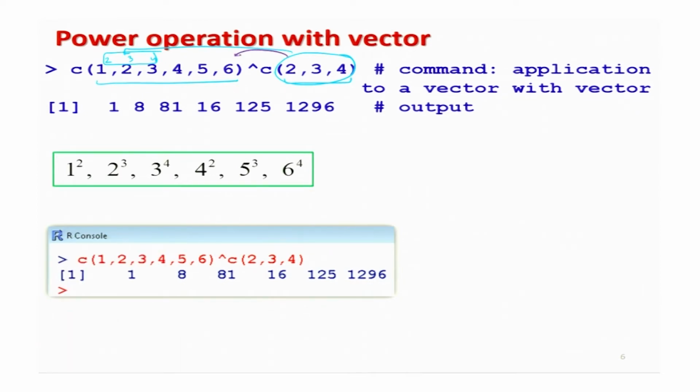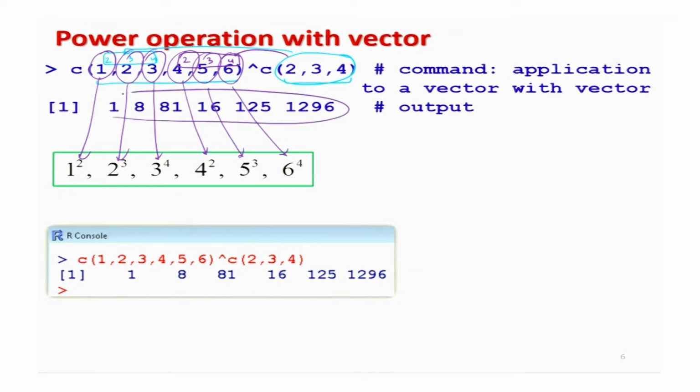Then you will get 1 square, 2 cube, 3 to the power of 4, 4 square, 5 cube, and 6 to the power of 4. If you get this value in R, it will come like this, no issues. And this is the screenshot of the same operation.